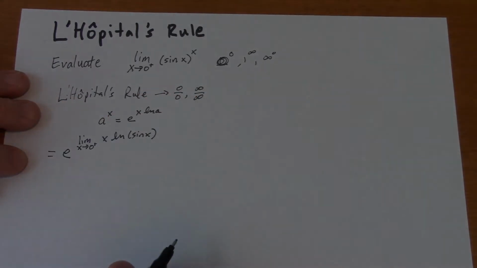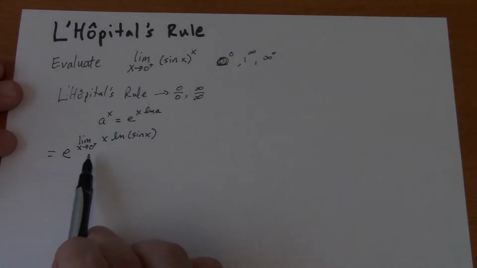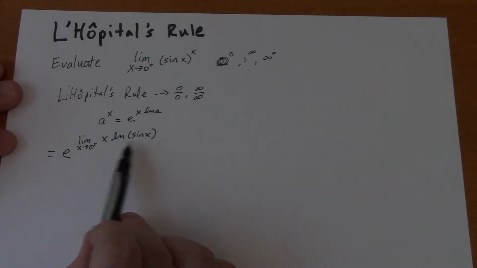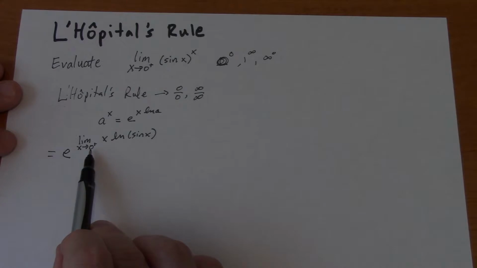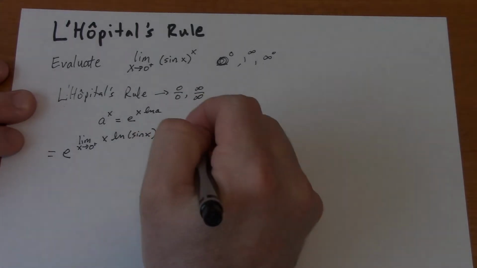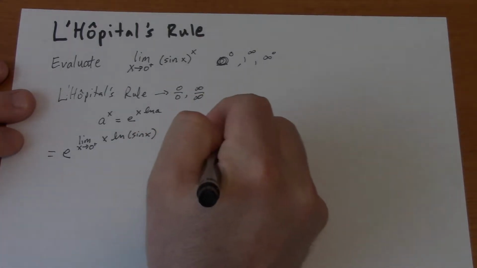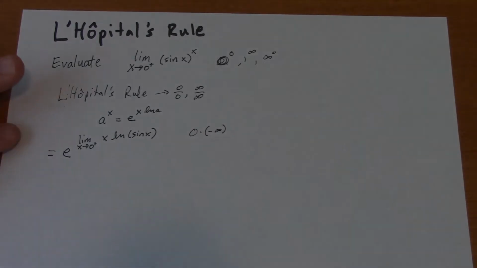So that's what our limit is now going to be equal to. And now if I substitute 0 in, I have 0, and then log of sine of 0 is log of 0, which as x approaches from the right-hand side is going to be negative infinity. So it's 0 times negative infinity. And 0 times infinity is another indeterminate form, but unfortunately not 0 over 0 or infinity over infinity.